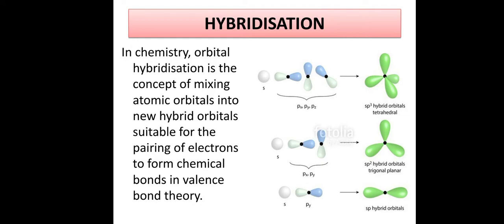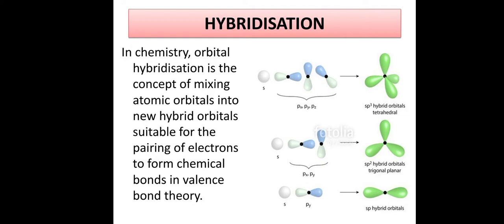Now, if we talk about the types of hybridization, there are various types involving s, p, and d orbitals. Like sp hybridization, the suitable orbitals for sp hybridization are s and p.